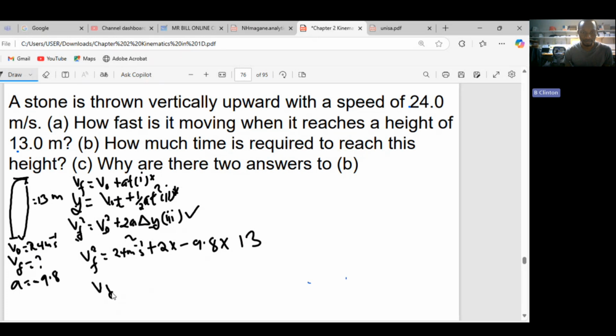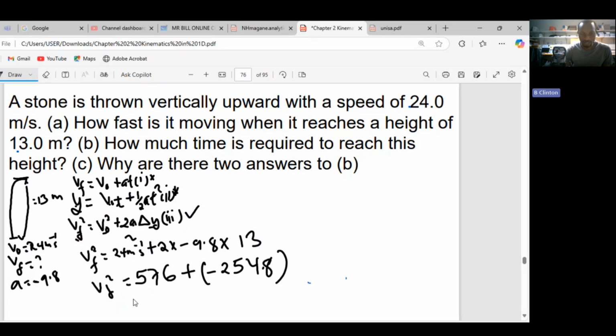So Vf squared is equal to 24 squared, which is 576, plus 2 times minus 9.8 times 13, which gives plus in bracket minus 254.8.